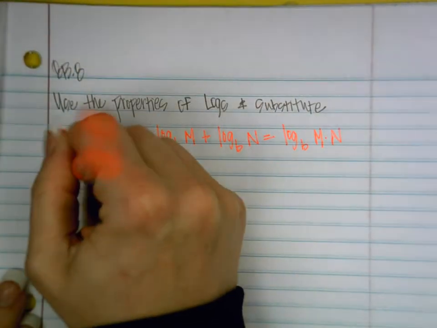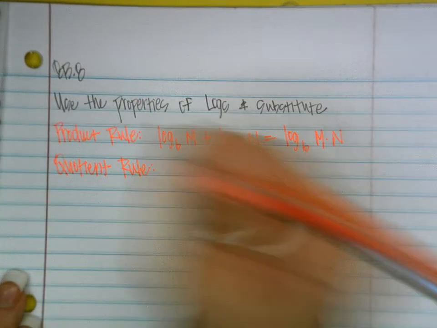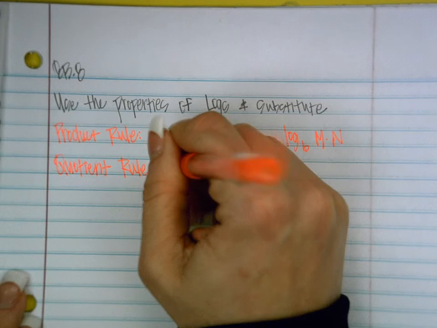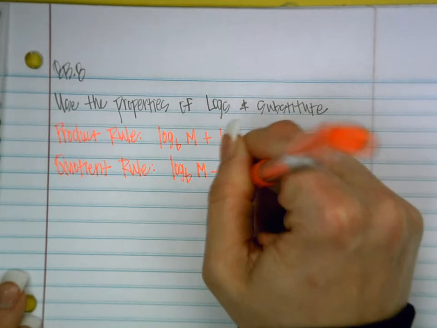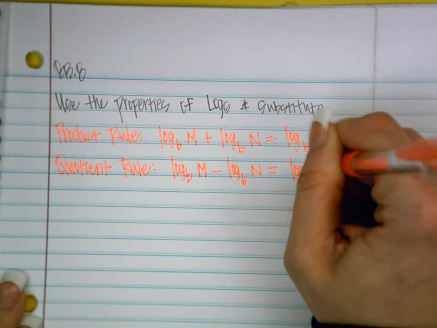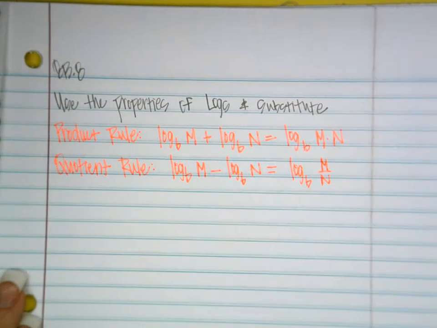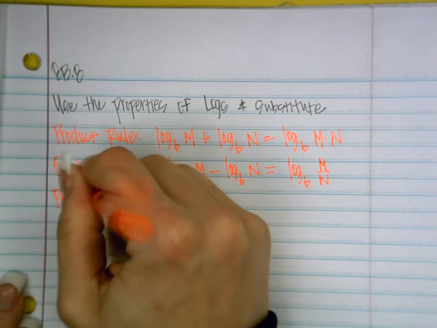The quotient rule, quotient means divide. The quotient rule tells us that log base b of m minus log base b of n is equal to log base b of m divided by n. And then the last one for those properties was the power rule.